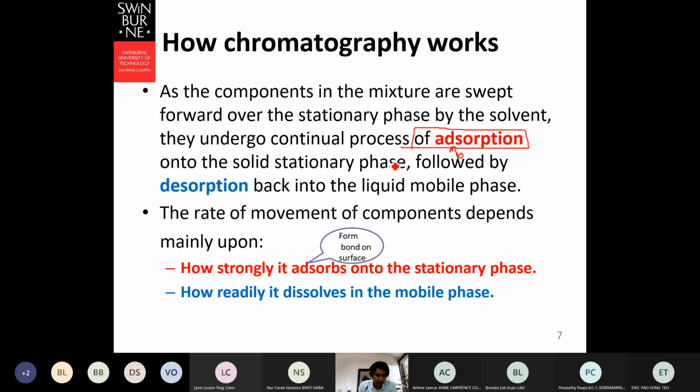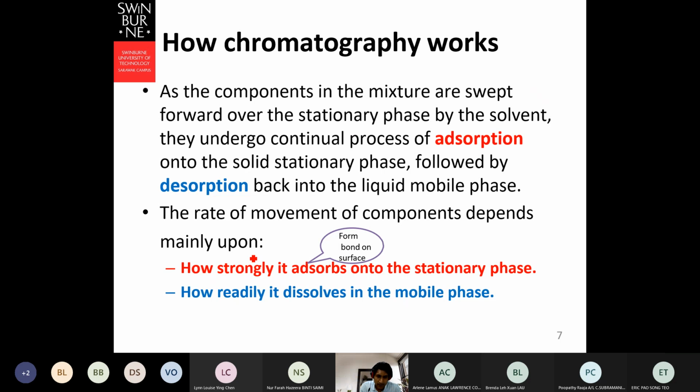But adsorption is different from absorption. Absorption is a chemical process, but adsorption is a physical process where it just holds on physically to some surface. It does not make any chemical bond, only a physical bond.